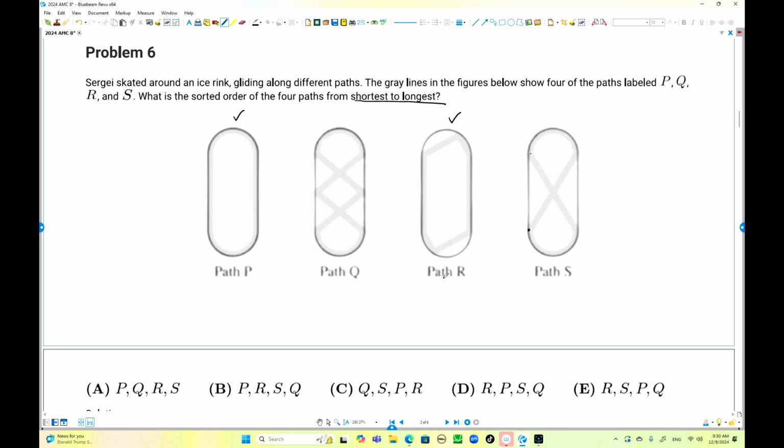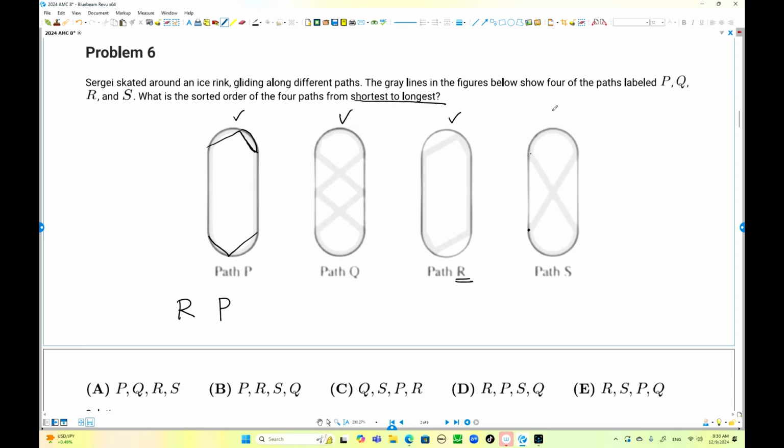Maybe compare this R here and here, right? This is shorter than this arc length, right? Yeah, this is the shortest one. That's right, R. The next one is definitely P, right?